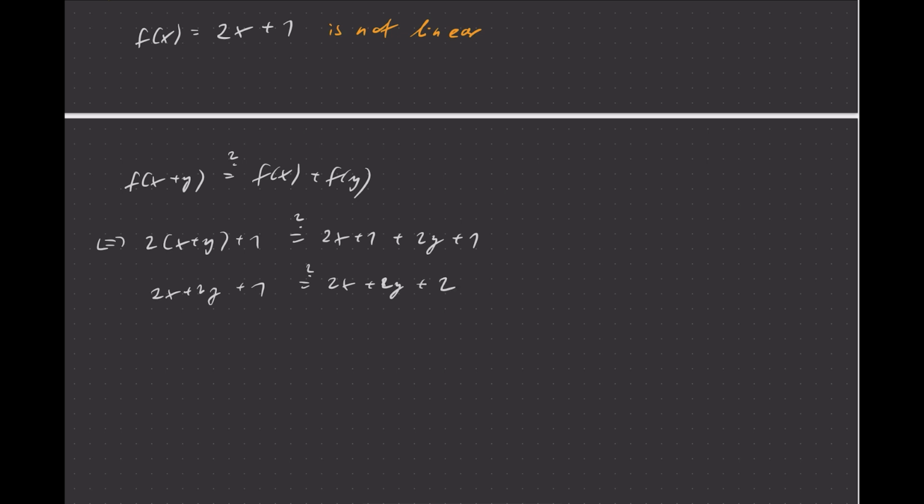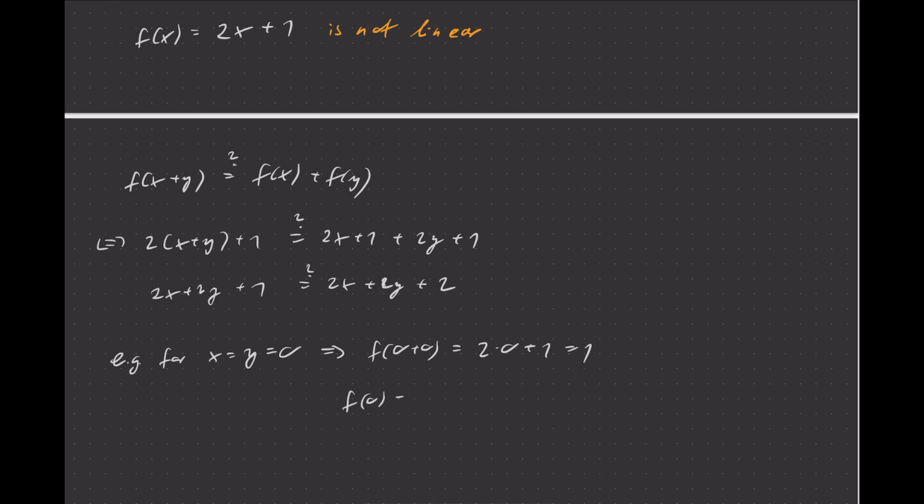So for example, if we take x and y to be 0, then we get f of 0 plus 0 is, well, by definition, 2 times 0 plus 1, so that's 1.